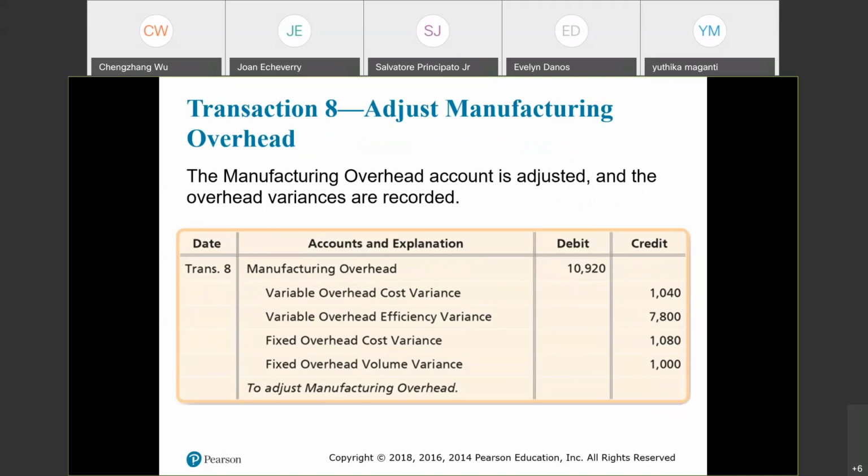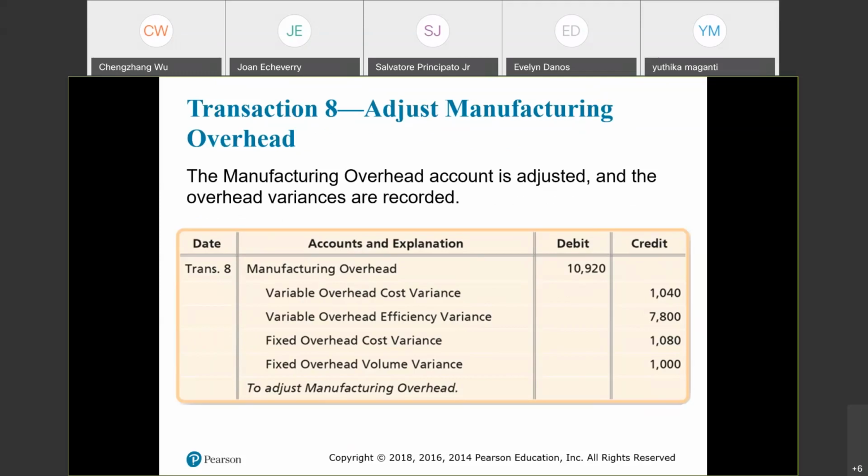And lastly, we need to adjust the manufacturing overhead account and record the overhead variance. All the manufacturing overhead variances are favorable, so they are all credited.